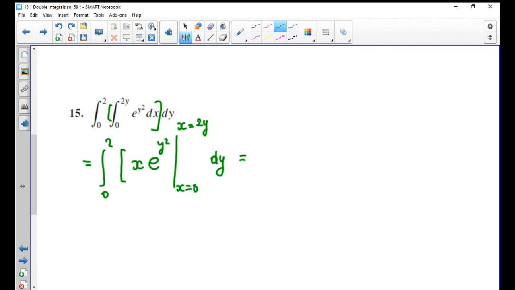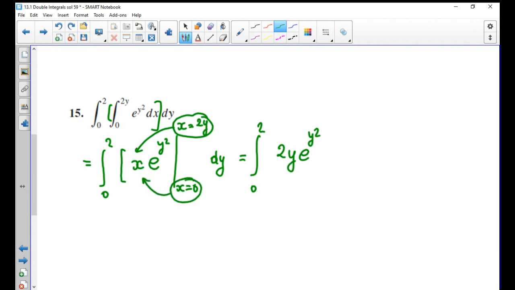And then you substitute this x into here. So you will get 2y e^(y squared), and the 0 will give you 0, so no need to write it.